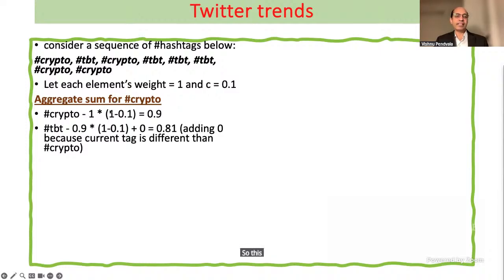So this is the sum for only hash crypto. But we got hash TBT, and because the time has lapsed, we depreciate the importance of crypto by using the depreciation factor 1 minus C. But this time, the weight of the hashtag is 0 for crypto. Why? Because the hashtag is TBT and it's not crypto, so it does not matter much to the value of crypto. So it's 0, and the weight now is 0.81.